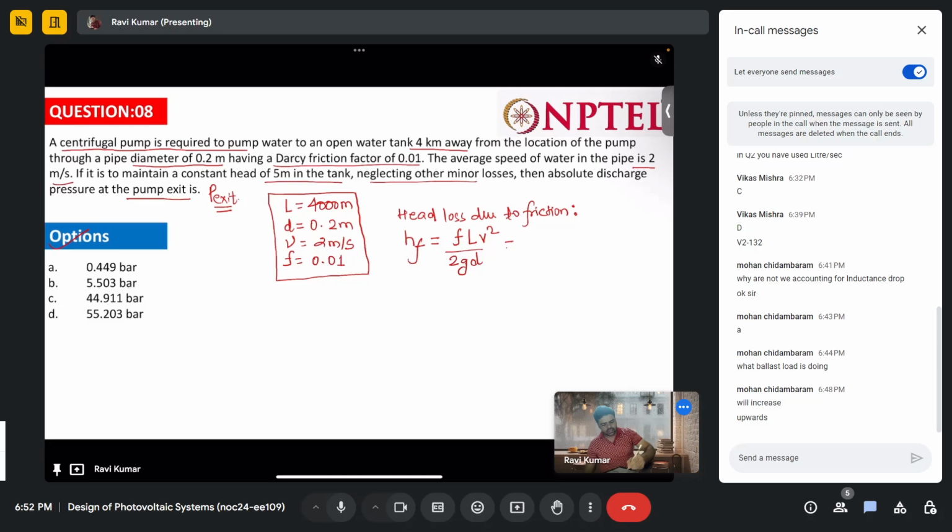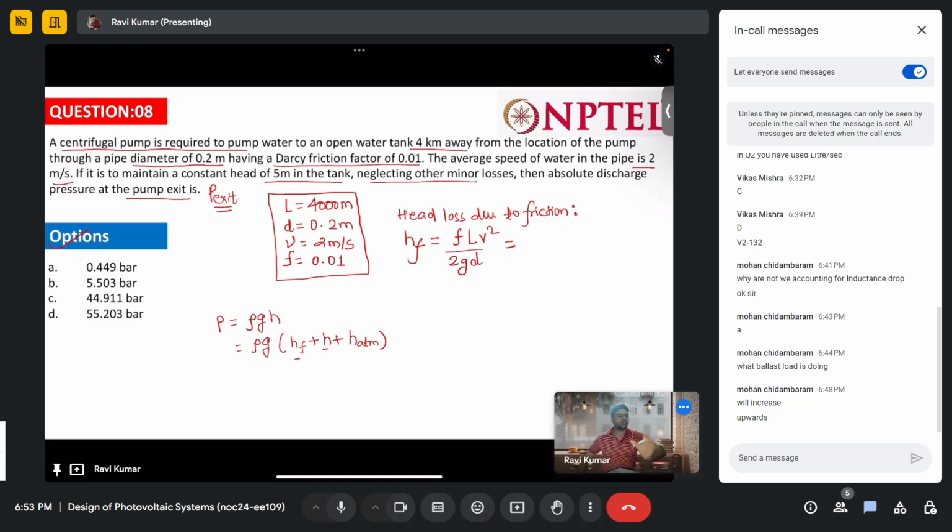Then our pressure will be rho g H, and this H will be rho g times HF plus H, the head due to water. This is the friction head, and this H is due to atmospheric pressure.